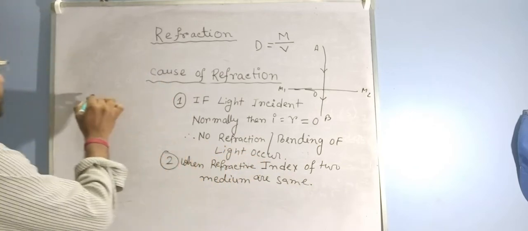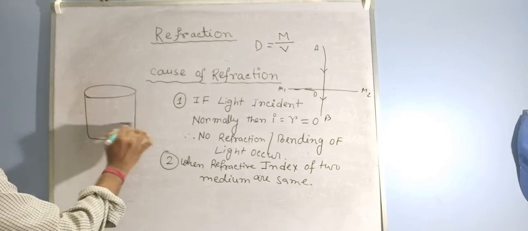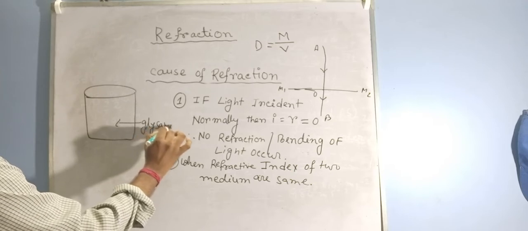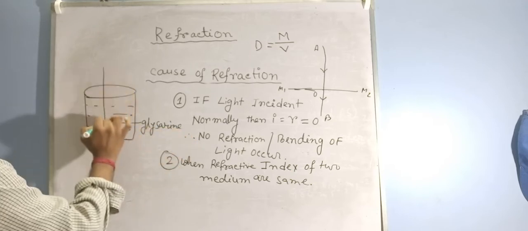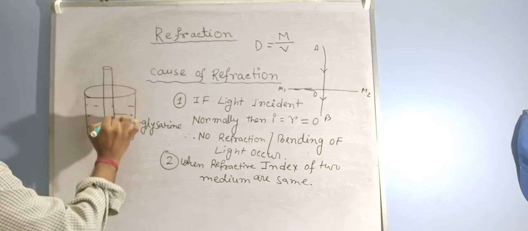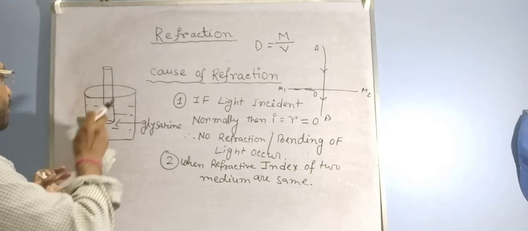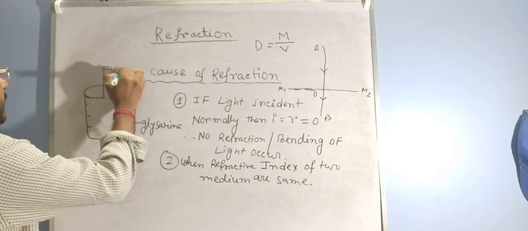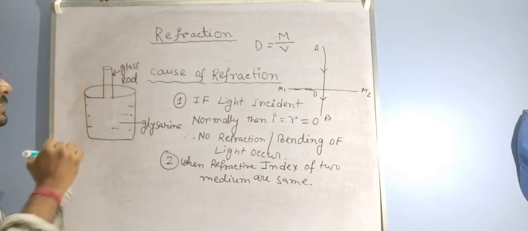Suppose we take glycerin in a jar and a glass rod is immersed into the glycerin, then we cannot see the glass rod, as the refractive index of the glass rod and glycerin are the same.